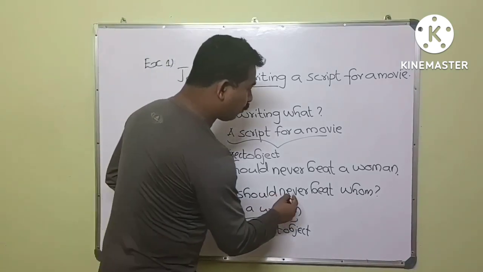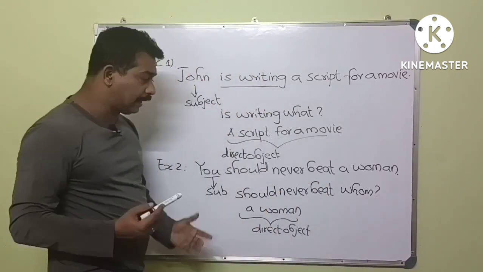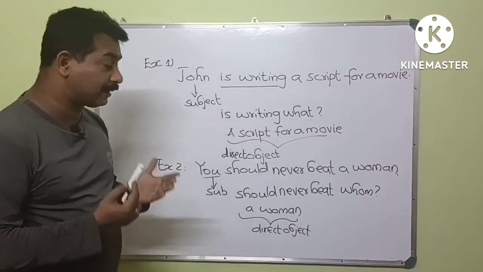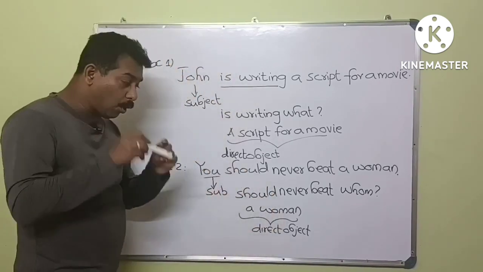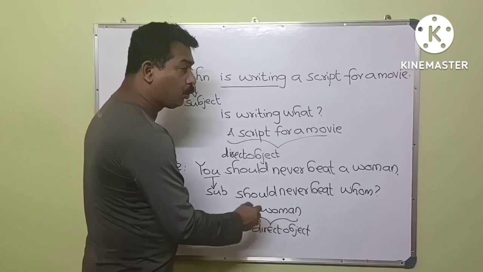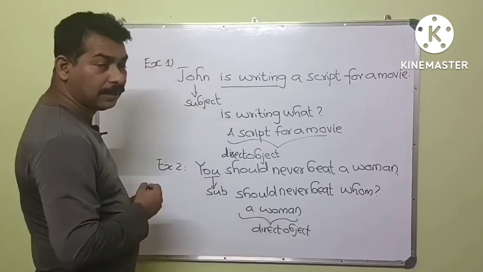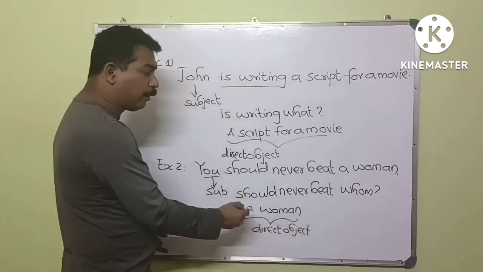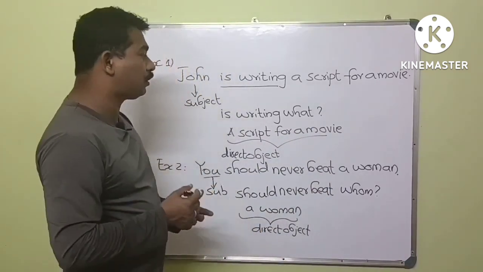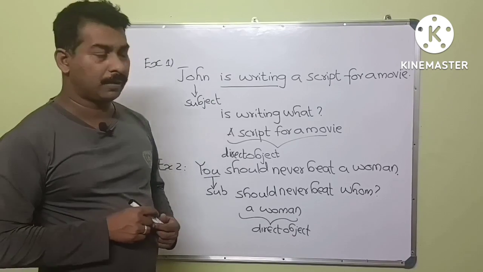Whom? Should never beat whom? Yes, the sentence gives us an answer. The answer is a woman. So a woman is said to be the direct object of the sentence. Both a script for a movie and a woman are examples of direct objects.